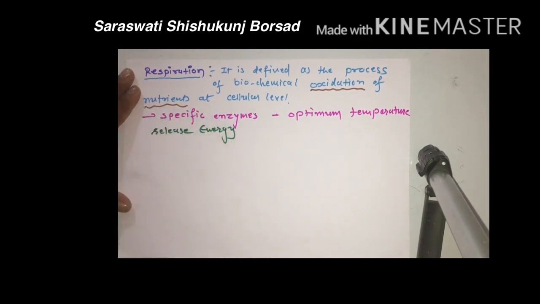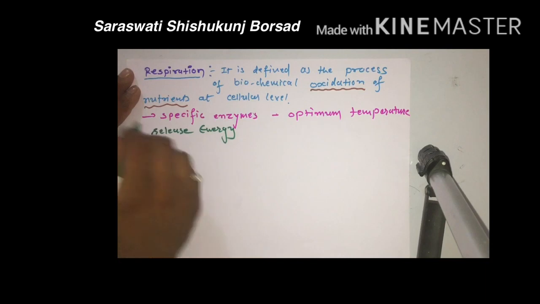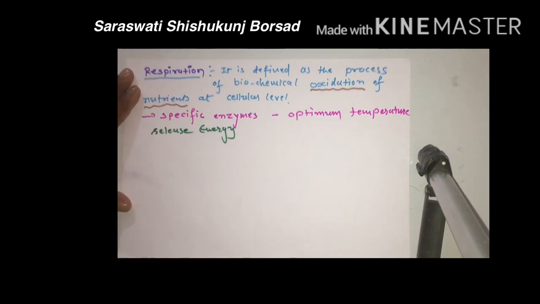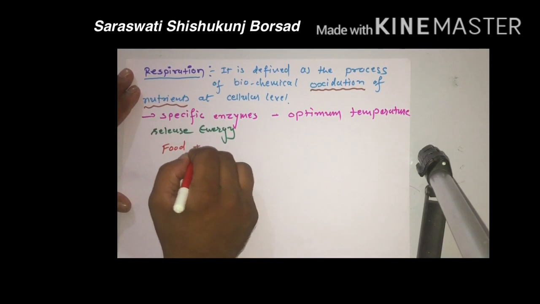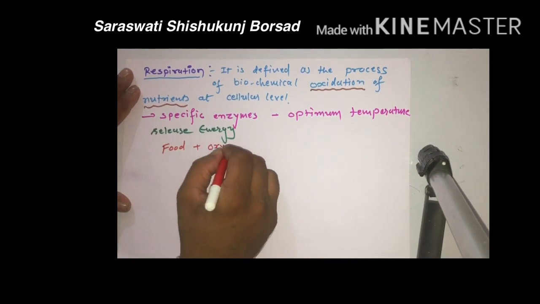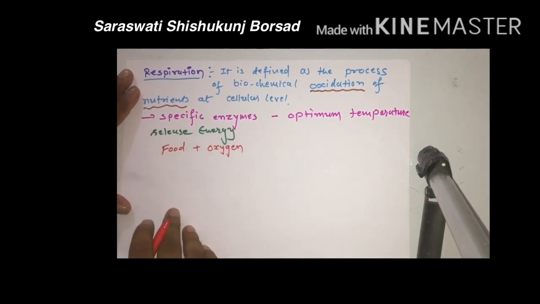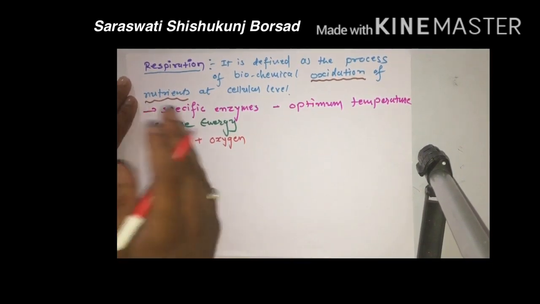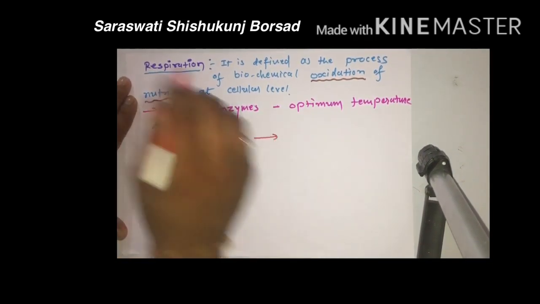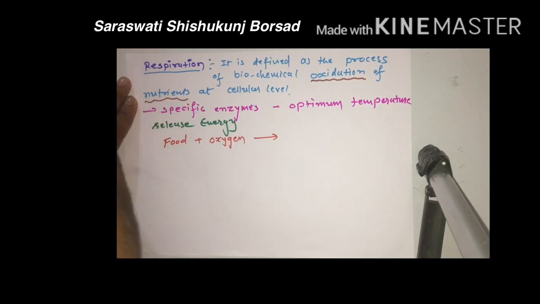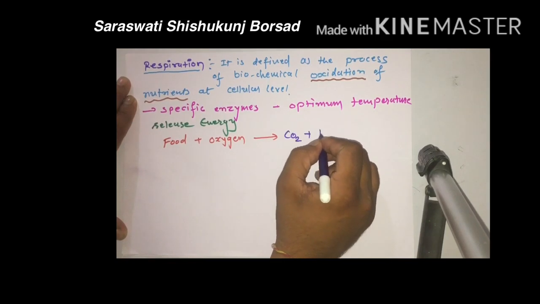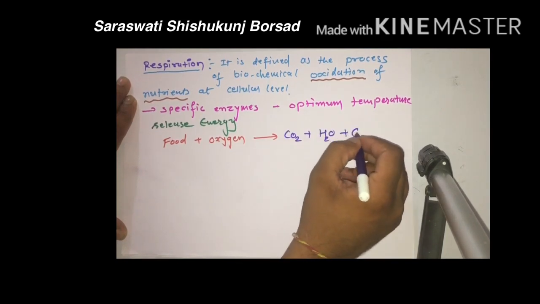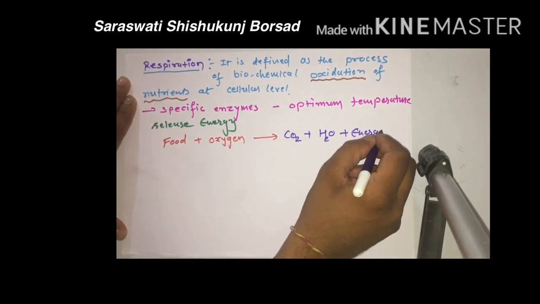If we want to write this in a complete way: if we have taken food, that food gets oxidized, and when the food gets oxidized, it gives carbon dioxide, CO2, plus water plus energy.